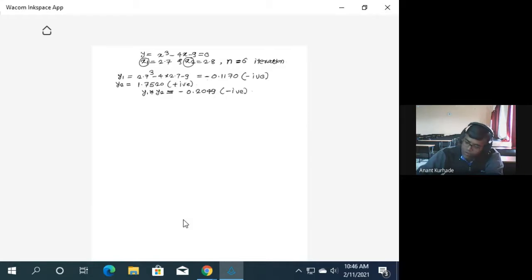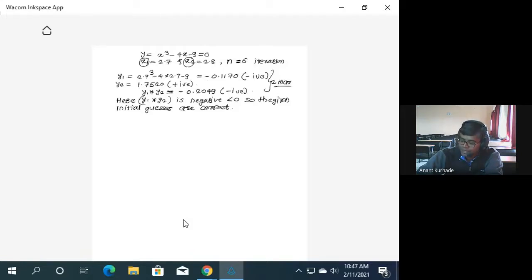So you have to write one statement: y1 into y2 is negative, that is less than 0, so the given initial guesses are correct. If you show this, you can get 2 marks.